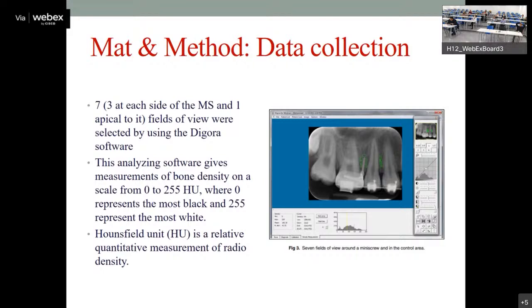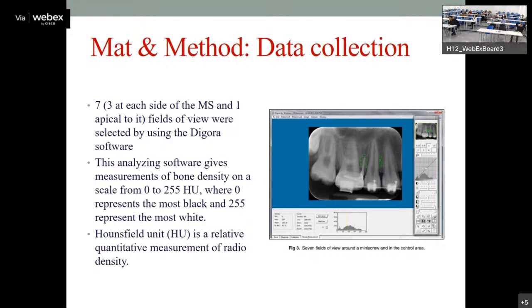If by any chance you change the angulation or the reproducibility isn't 100%, your measurement will be affected. So instead, we used another way, by selecting 7 fields of view, 3 at each side and 1 apical to the microscrew. Same for the control area also.